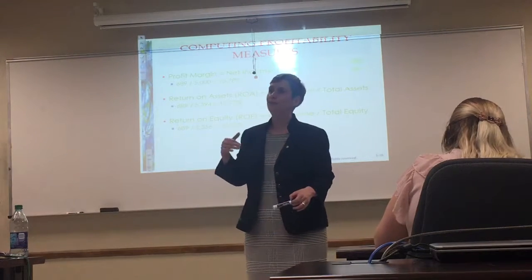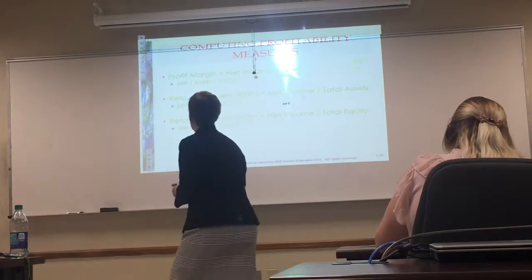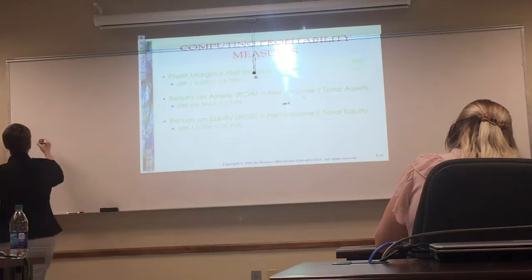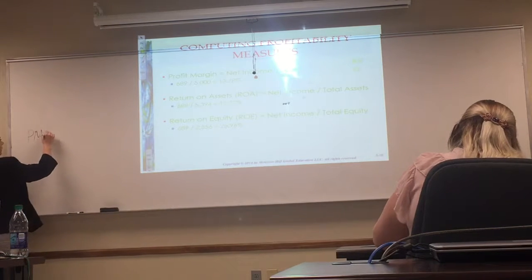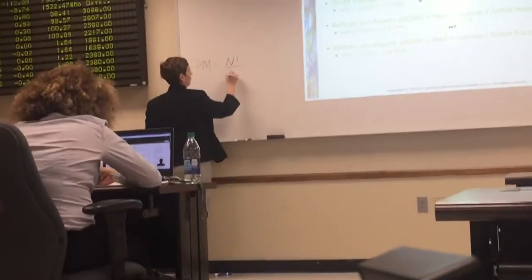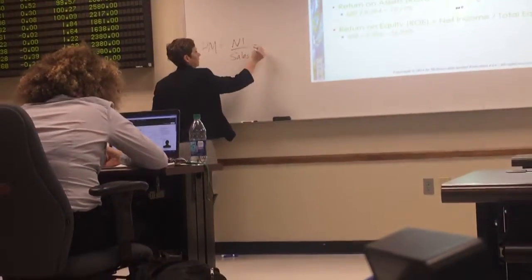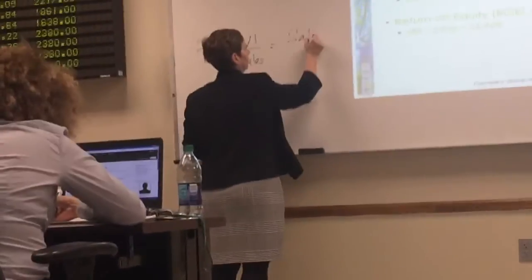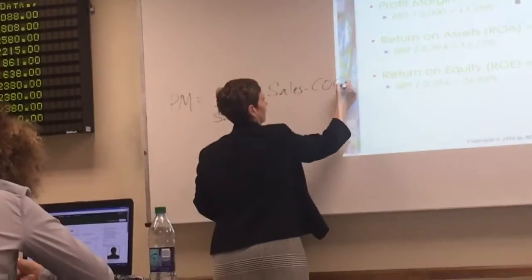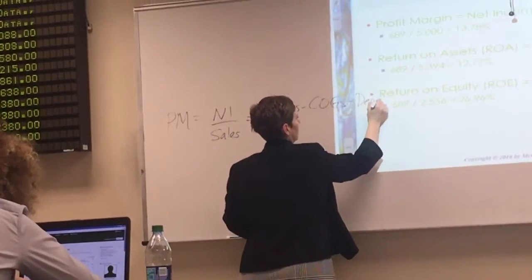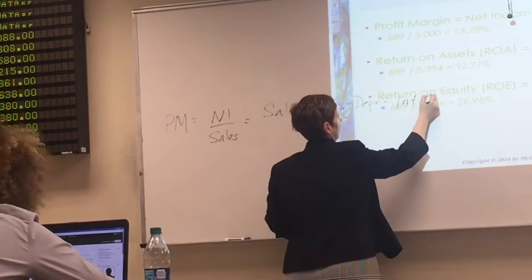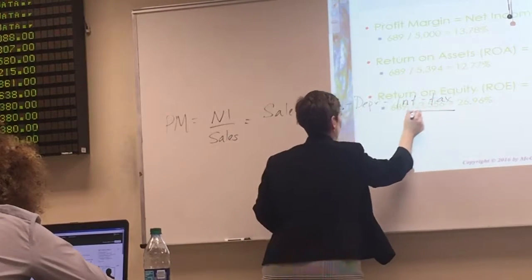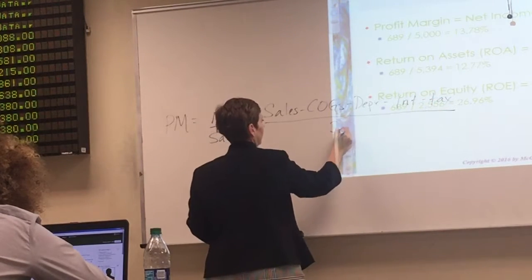But when you put it in margin form, I'm going to take this profit margin, which I'm going to call PM, equal to net income over sales, where net income is equal to sales minus cost of goods, minus depreciation, minus interest, minus tax. We're going to take all that and divide it by sales.